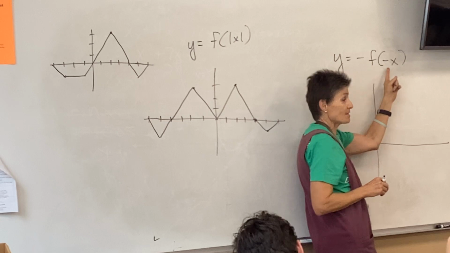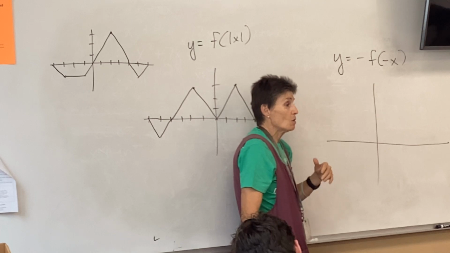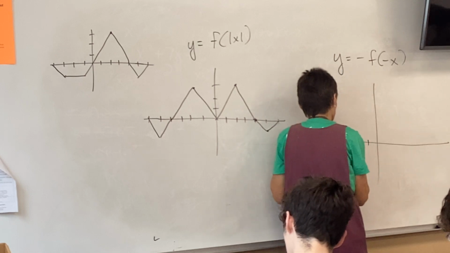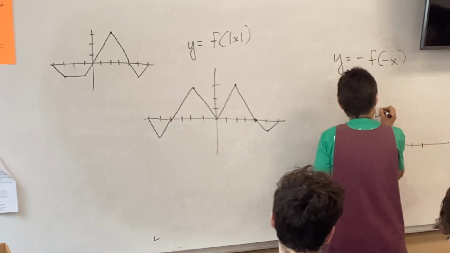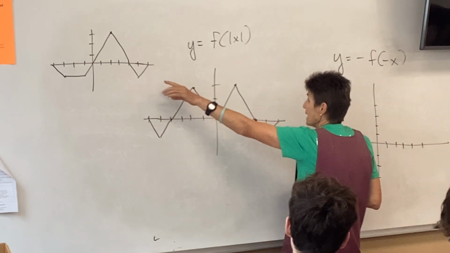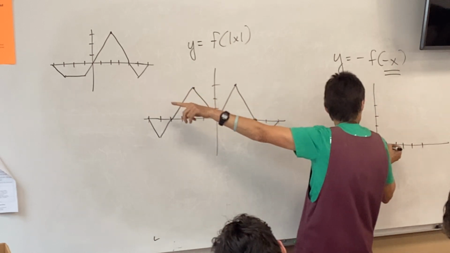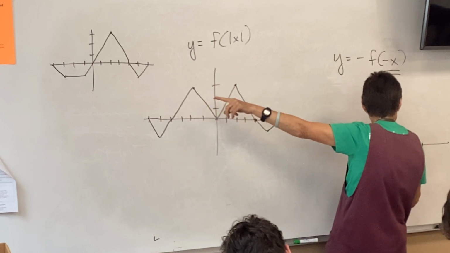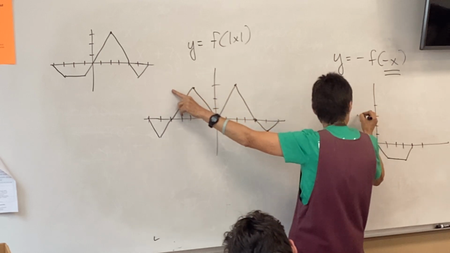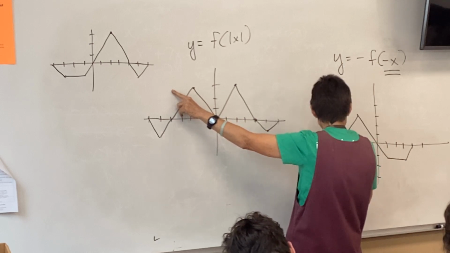In fact, since there's 2 negatives, that means we're gonna flip everything both ways. So I'm gonna flip sideways first. This negative, remember, is a sideways flip. So I'm gonna go back to the original. And this is a sideways flip. So if it was on the left, it's now going to be on the right. Okay, so the trapezoid comes over on the right. The big tall triangle and the downward triangle are now on the left.